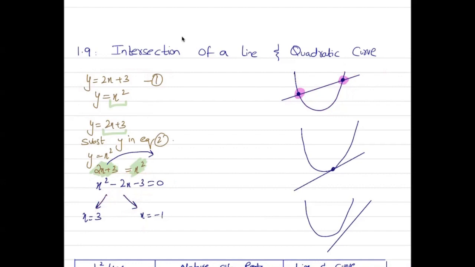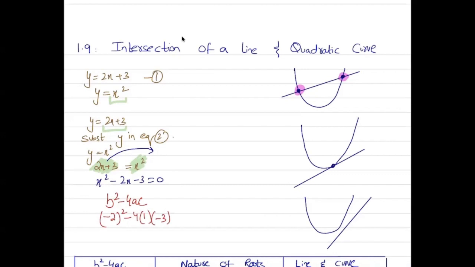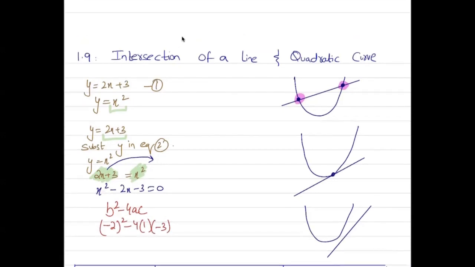Okay. So can you guys confirm that if I am going to calculate the discriminant of this equation, what will it be? What is going to be the discriminant of this equation? Is it positive? Is it negative? Or is it equal to 0? Sir, just give me a minute.